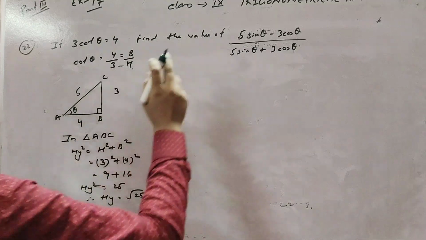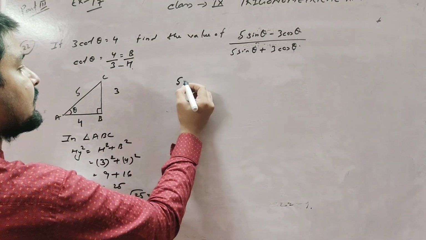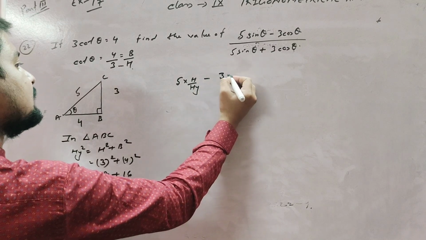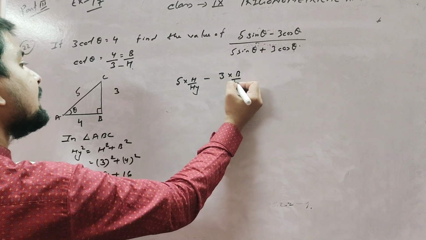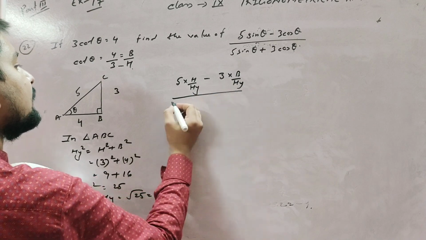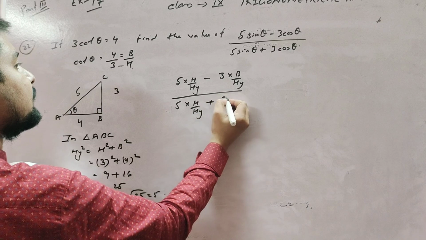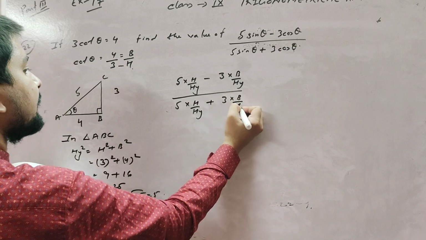Okay. Now the question is 5 sin theta. Sin theta means height by hypotenuse, minus 3 cos theta, that is base by hypotenuse, divided by 5 sin theta, again height by hypotenuse, plus 3 cos theta, that is base by hypotenuse.